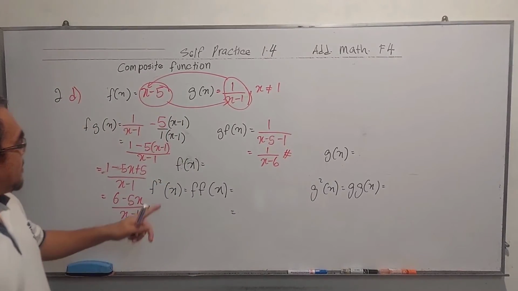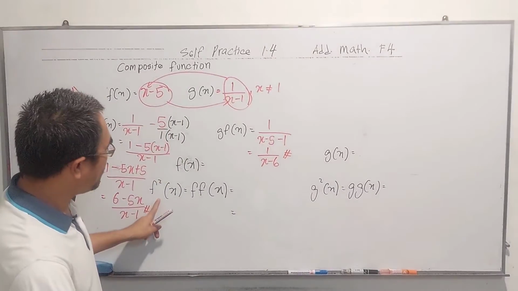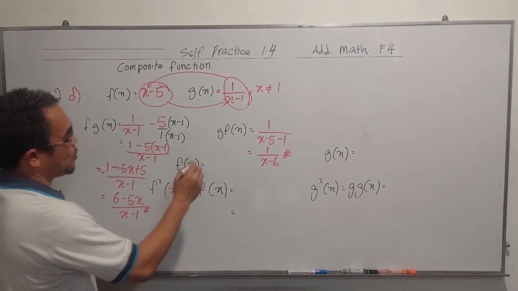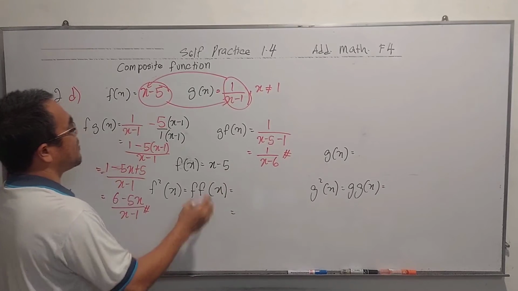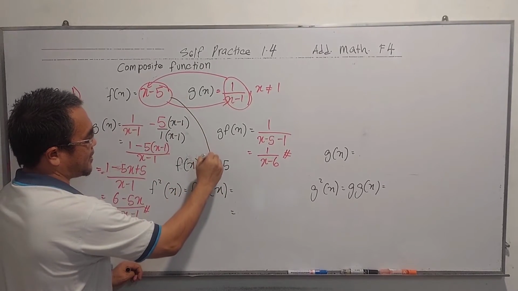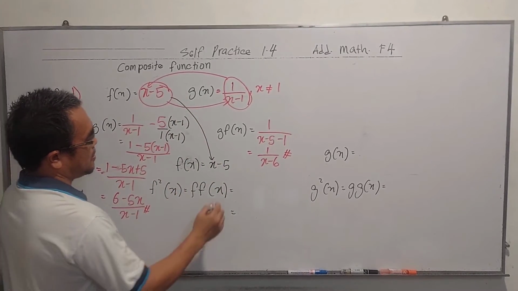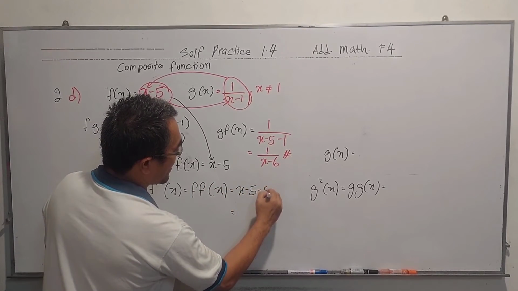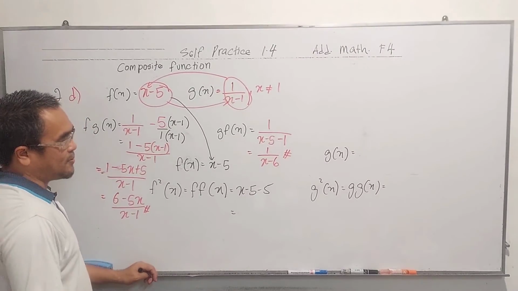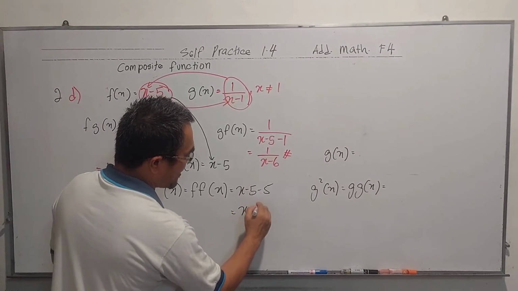So for f squared x, which is f(x), I will write down f(x) again, x minus 5. So I move this bracket here, so it becomes x minus 5 minus 5. So x minus 5 minus 5 becomes x minus 10.